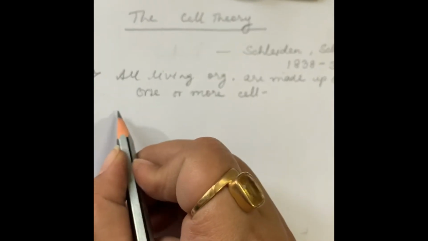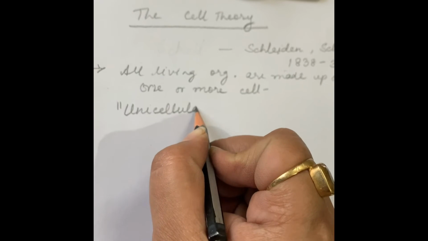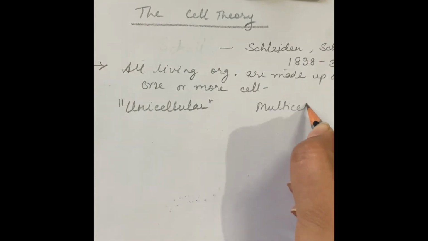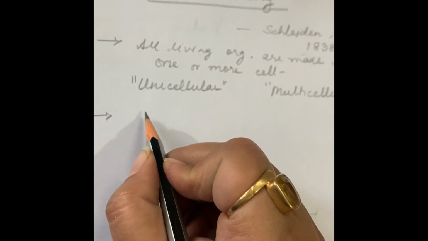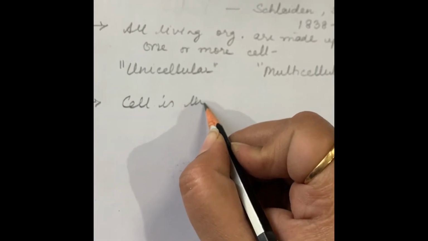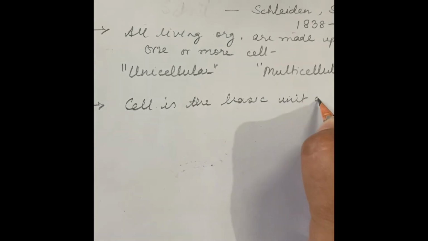That's how we on today's day say unicellular organism and multicellular organism. The next point which they stated was cell is the basic unit of life.